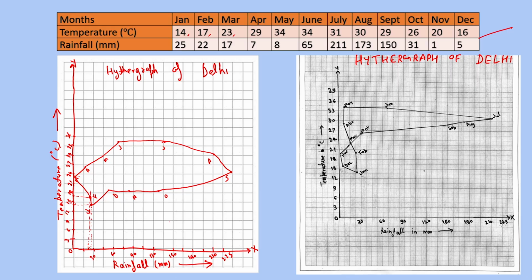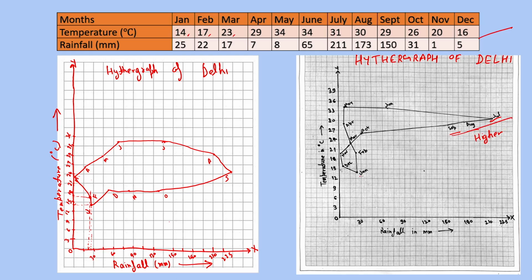After creating the Hyther graph, what can we understand from it? As you can see, there are certain things. The months of July, August, September have a very high rainfall compared to other months, whereas January, December, November, February, March, April and May have very low rainfall.